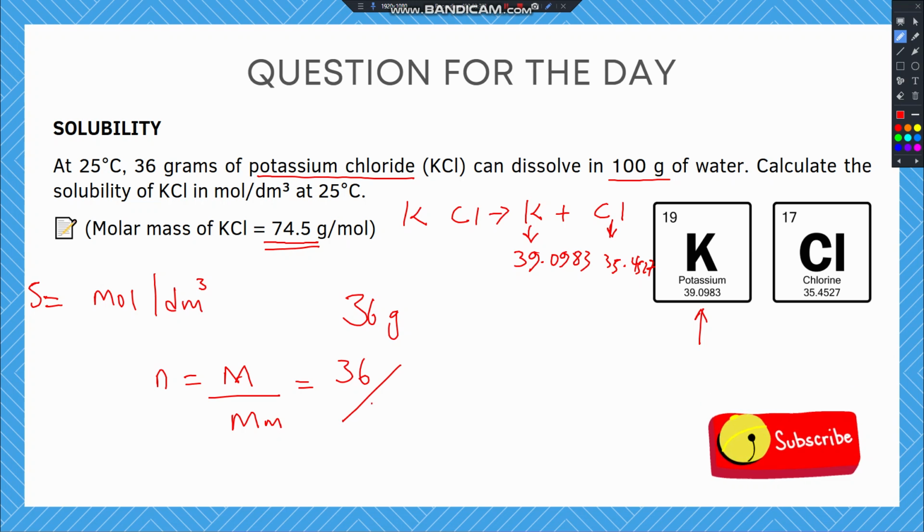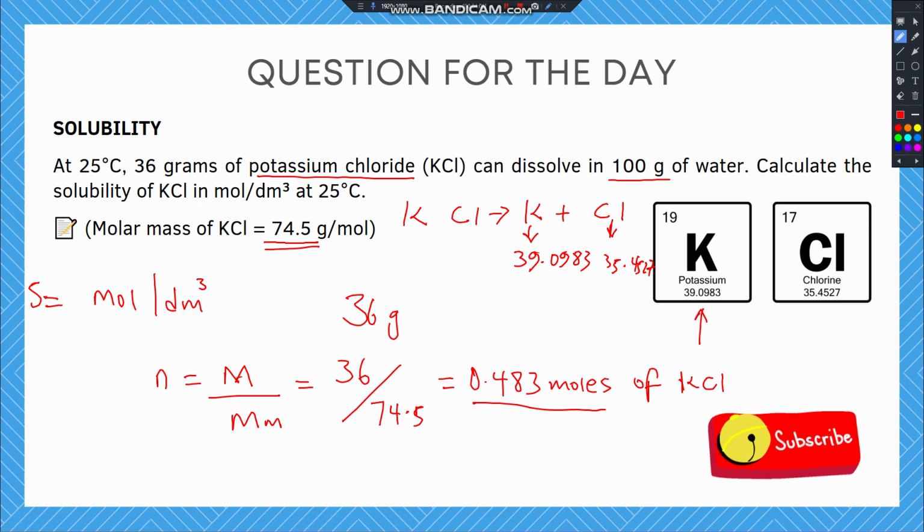So we have 36 divided by 74.5. Now if we do a quick math and we say 36 divided by 74.5, we arrive at 0.483 moles of potassium chloride.